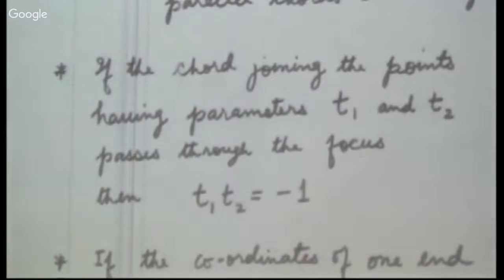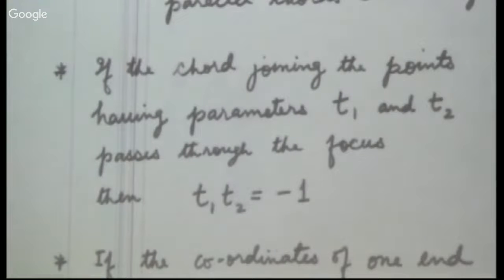If the chord joining the points having parameters t1 and t2 passes through the focus, for focal chord, t1 t2 will always be equal to -1. See, if there is a focal chord and the chord passes through the points t1 and t2, parameter t1, t2 means what?